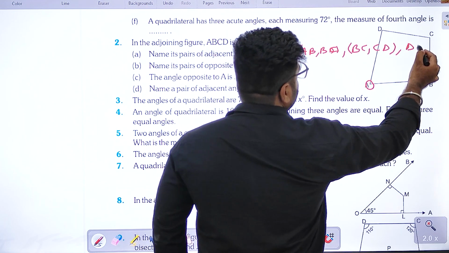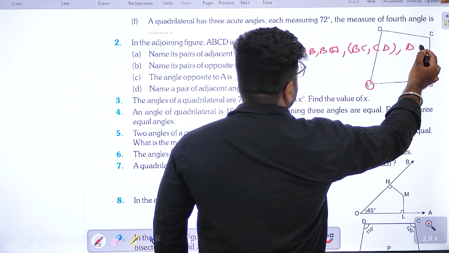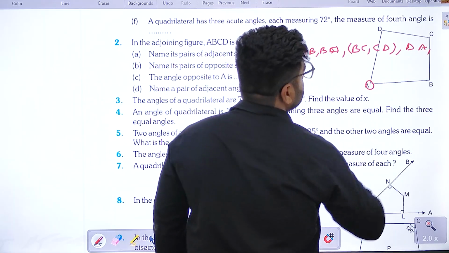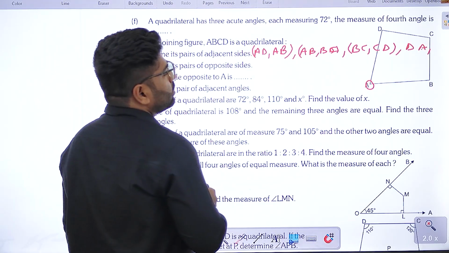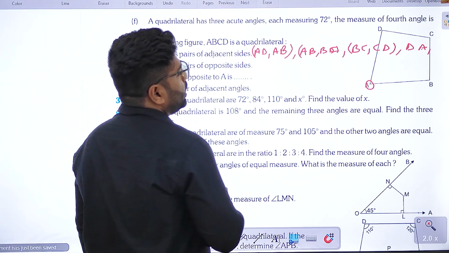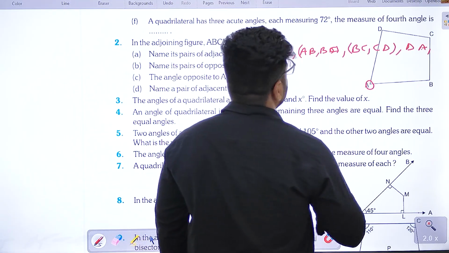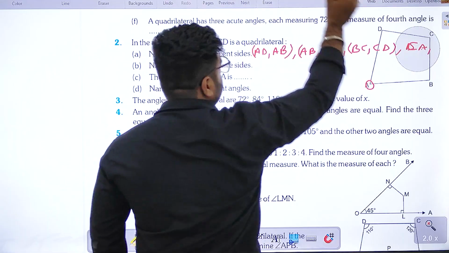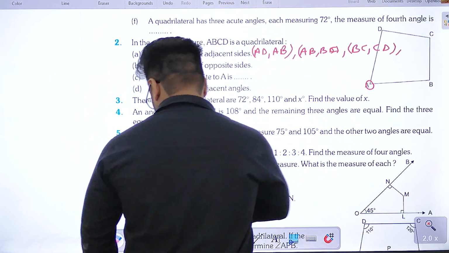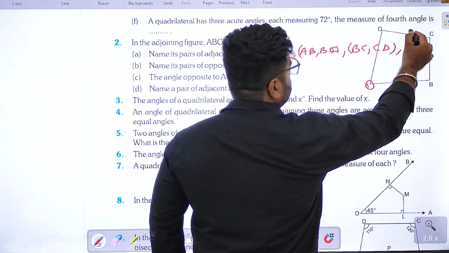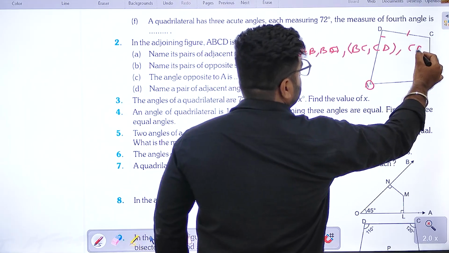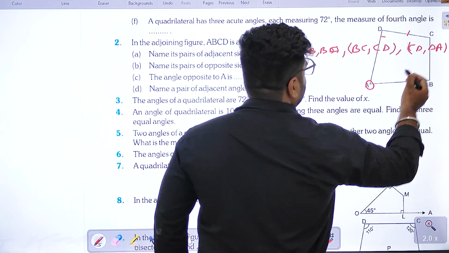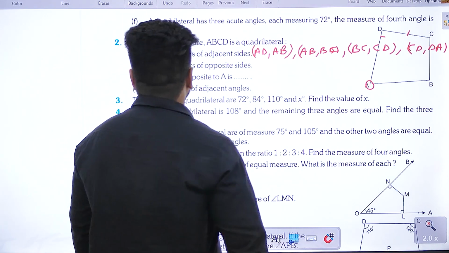Then CD and DA. Clear? So these are the pairs of adjacent sides.